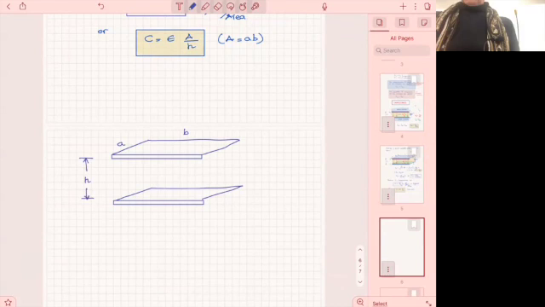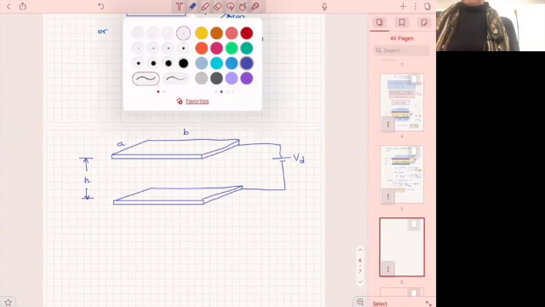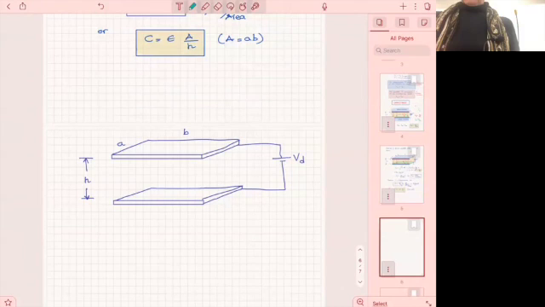But now, what we are going to do is assume that this capacitor, fed by a battery, has two separate materials. One is like this, and the other is like this.